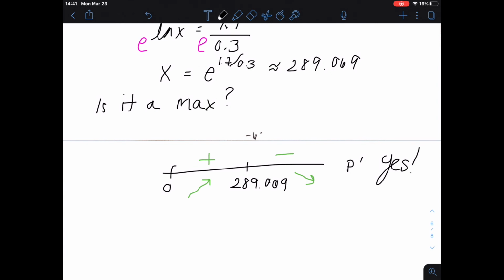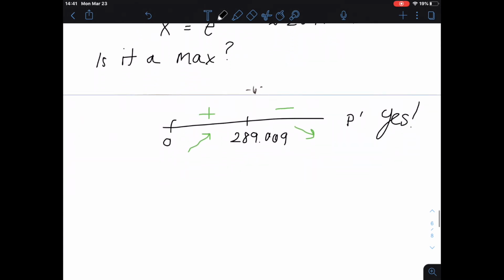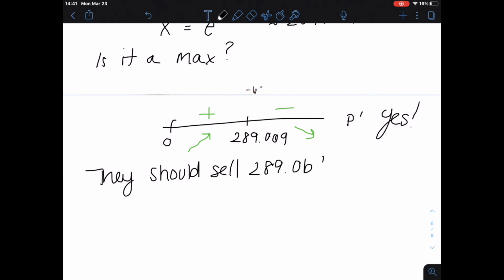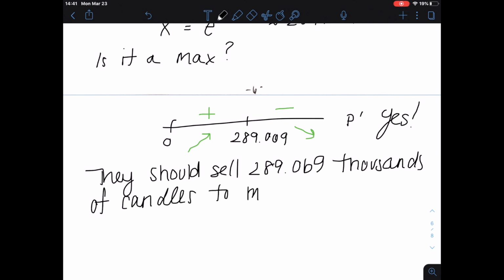Okay. So what that means is they should sell 289.069 thousands of candles to maximize profit.